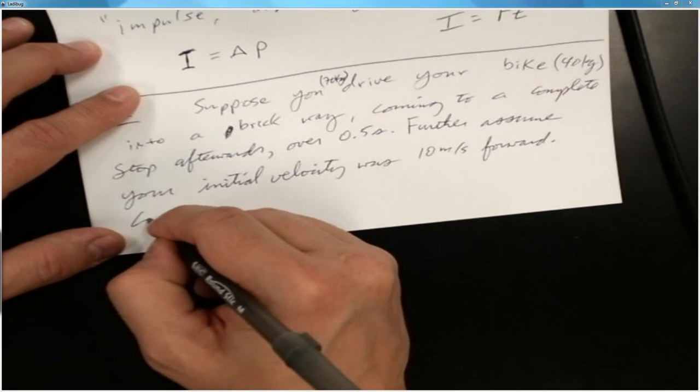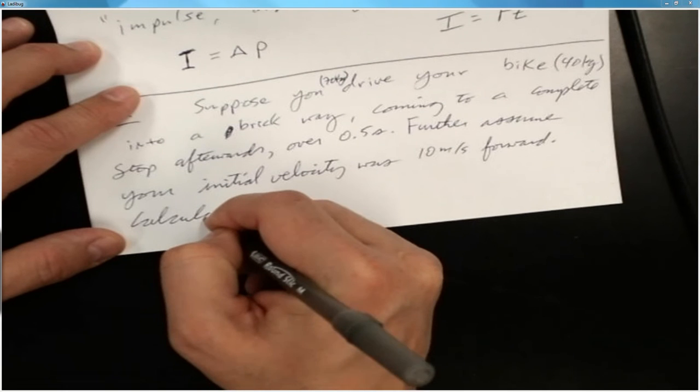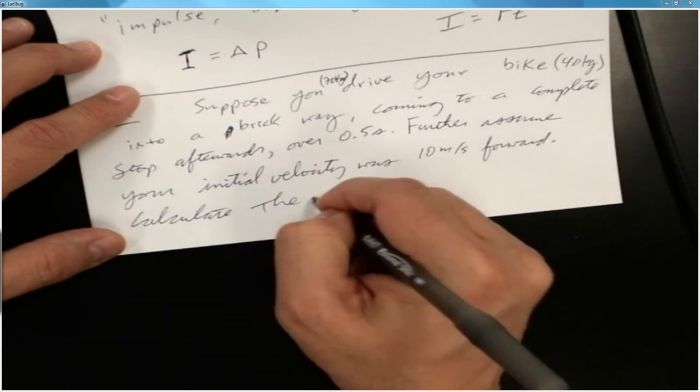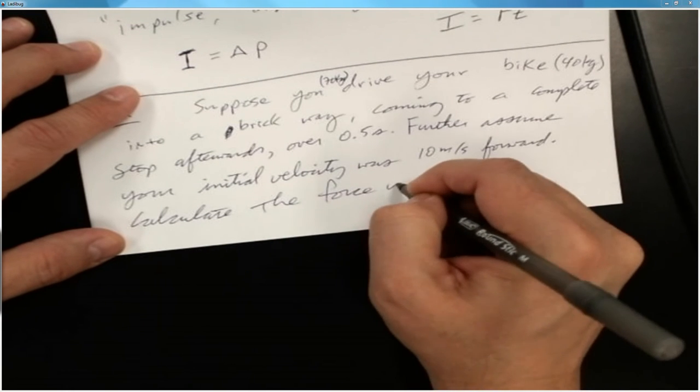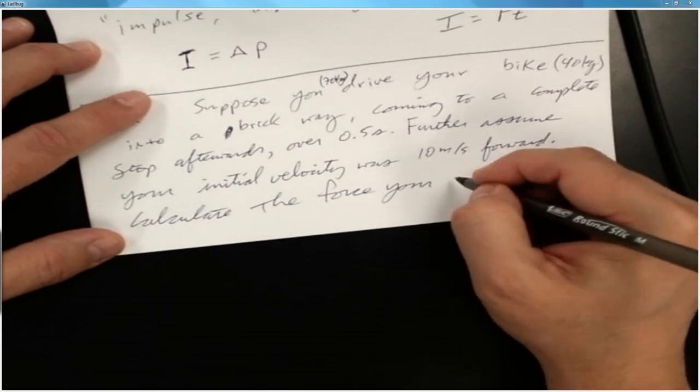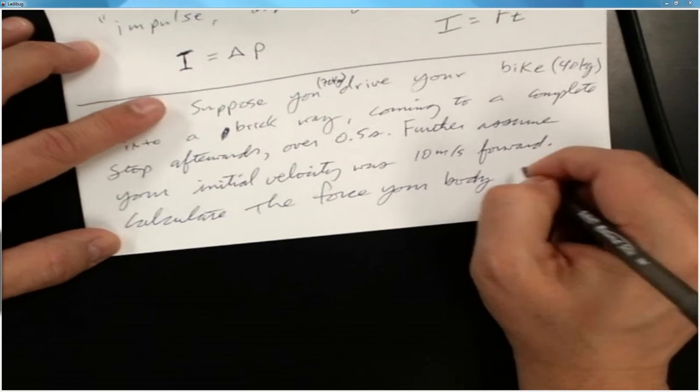Calculate the force your body experiences.